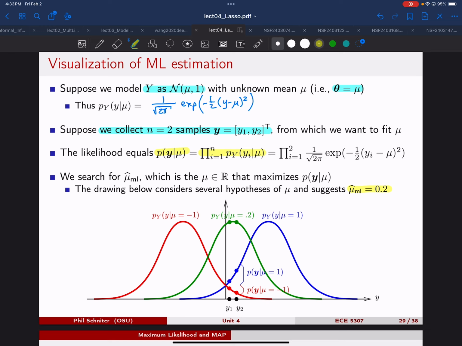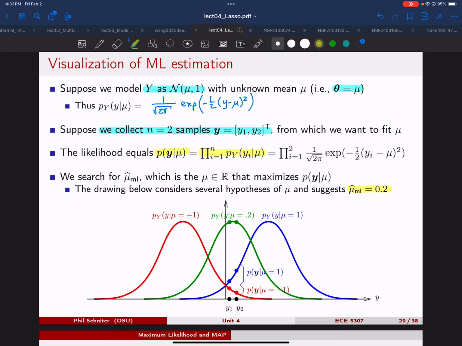So we can actually use this for many things. Like we can use it in machine learning, but we can use it like if you say I have a Gaussian random variable, I don't know the mean, give me a number of samples. It basically says to do the sample mean estimator. That is the maximum likelihood estimator. We'll show that later. It's just sort of a framework to think about estimation.